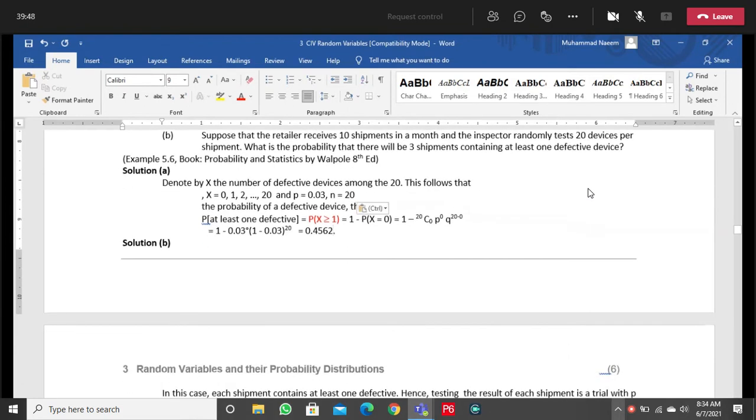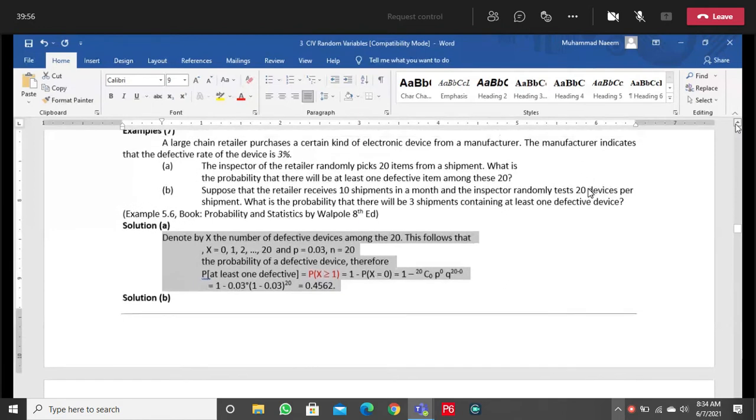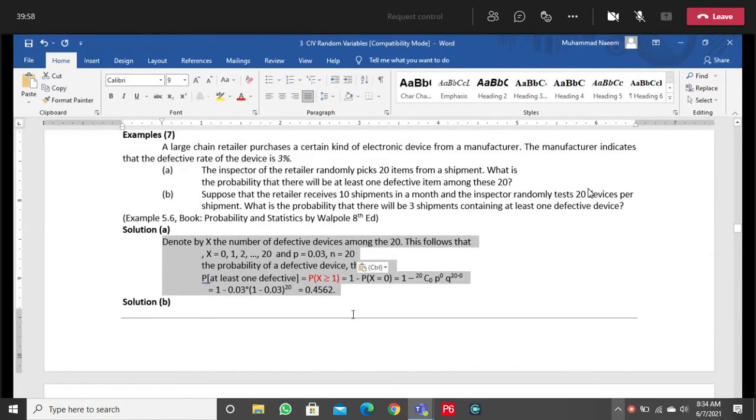So in this way, find this probability. Now we use this probability as a criteria. What is this criteria?